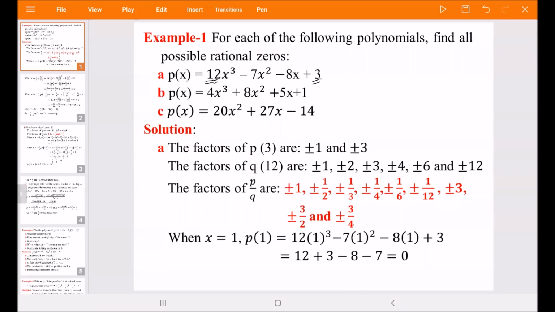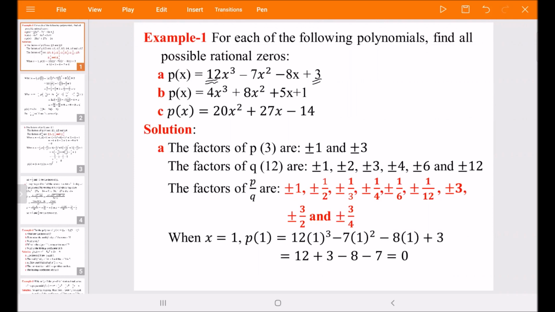So we have now narrowed down our search. That means rather than thinking to solve for the zeros of this polynomial from the set of real numbers, we have to focus on this list of numbers. From among these 18 numbers, 1, 2, or 3 of them will make this polynomial equal to 0 at maximum.